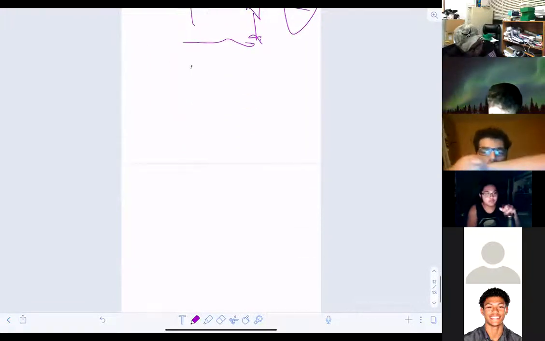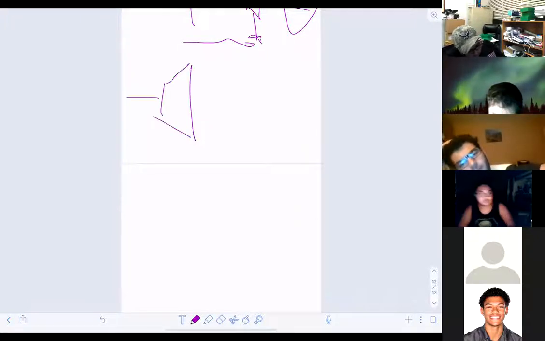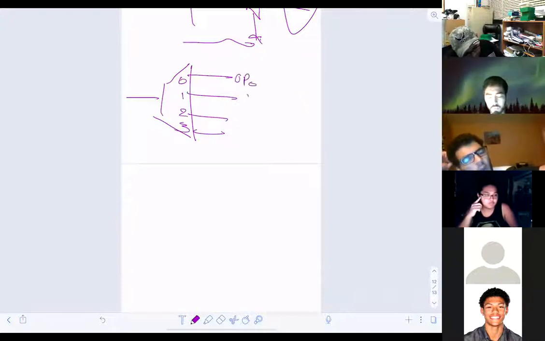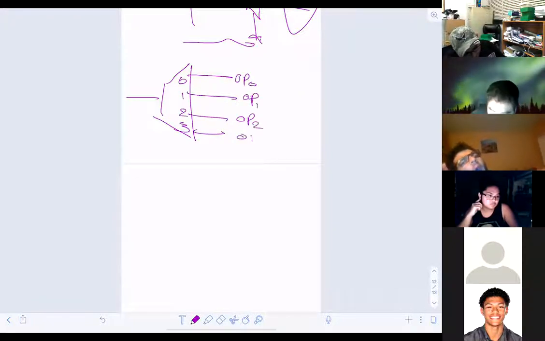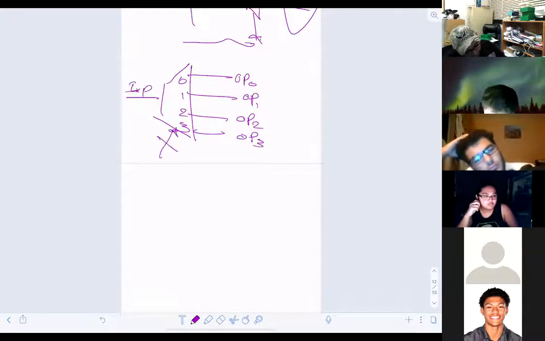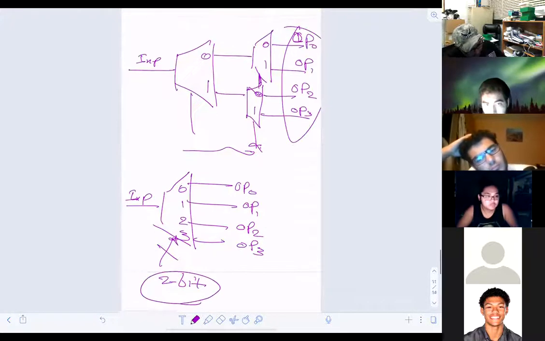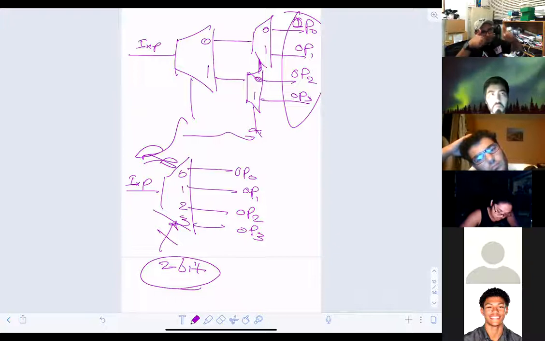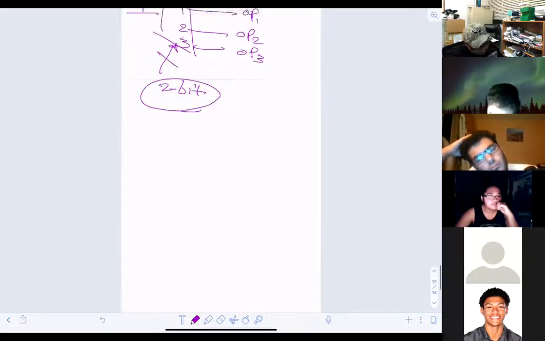If you look at the normal demultiplexer, if you have it already 1x4, it's going to be like this. So that's the same as this. Any question? Interesting.